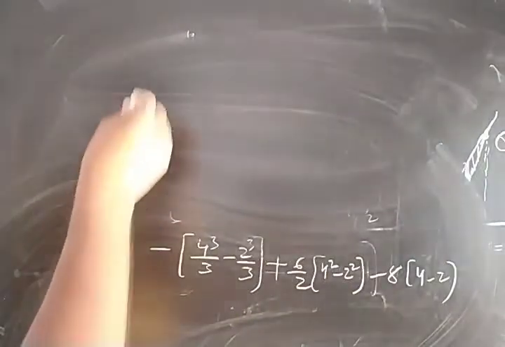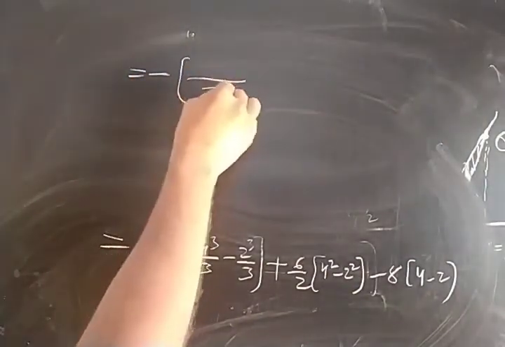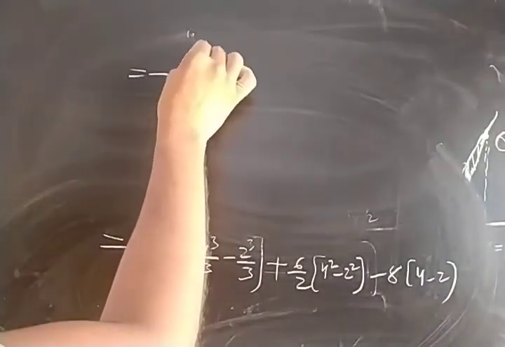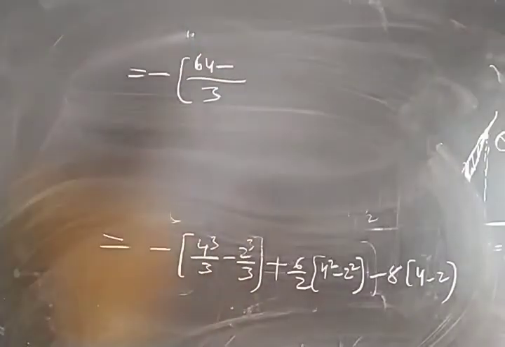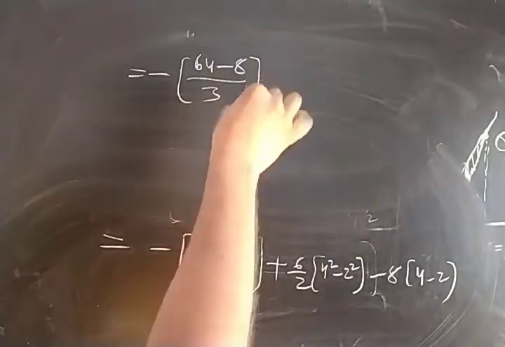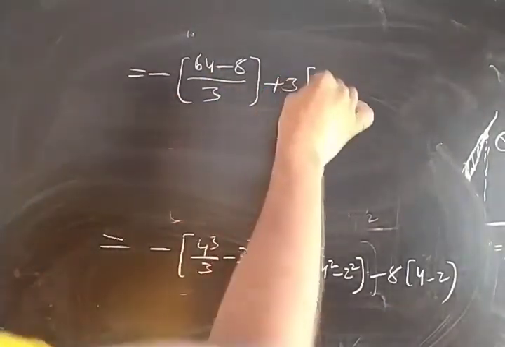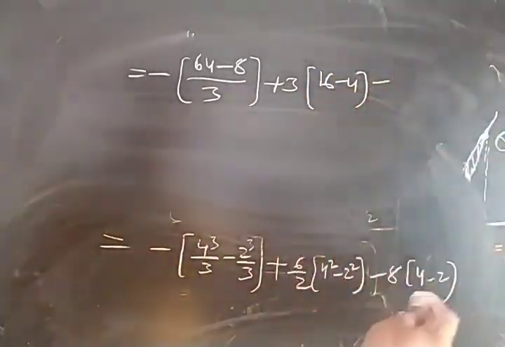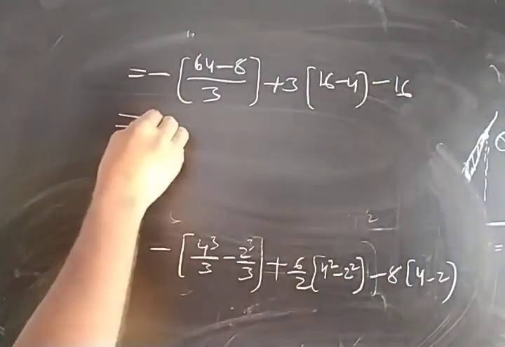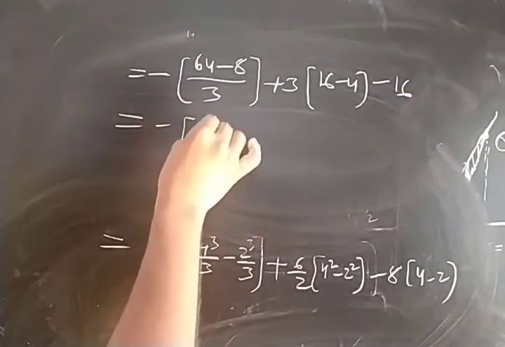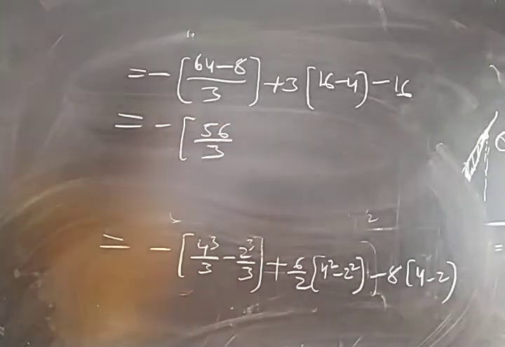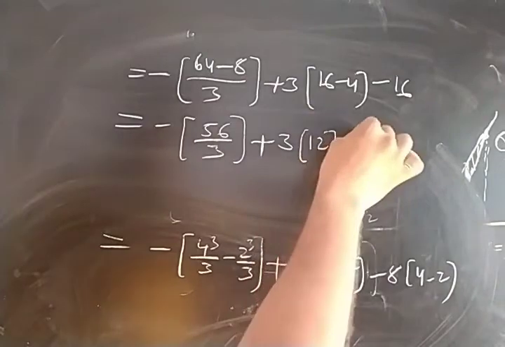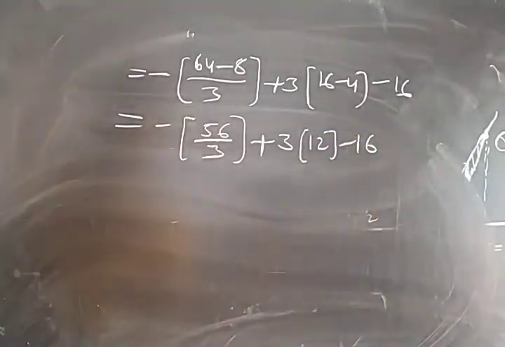Now simplify here: minus outside, 3 LCM, 4 cube minus 2 cube, 64 minus 8, which is 56 by 3, plus 3 into (16 minus 4), minus 16.